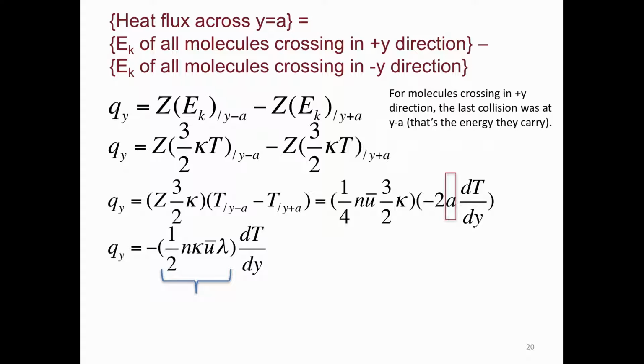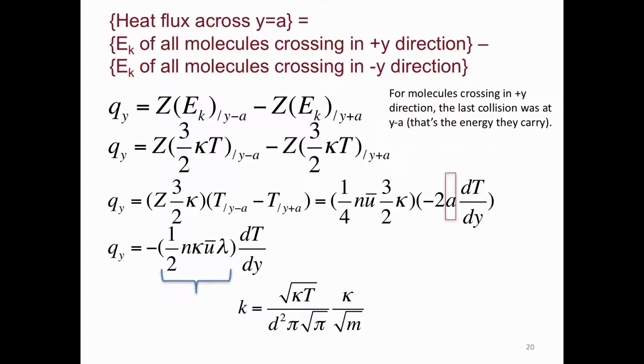So when I put that together, I'm going to see that my flux in y direction is something that I can couple or put together as a property depending only on the gas itself. So it's number density, this is related to the mass and diameter of the molecules, and dT/dy. So this is essentially what my thermal conductivity is.